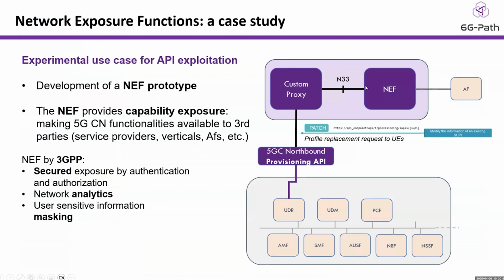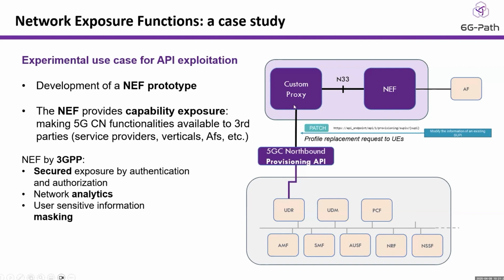And in particular, with this experimental implementation, we specifically enable the replace of a slice for a user. In principle, a UE, a user equipment, is firstly connected to a slice one, and then according to a certain condition or event, we want to move this subscriber to another slice.